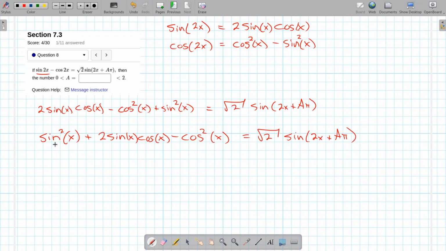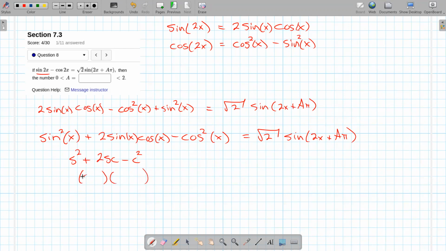Pythagorean identity wouldn't help here because that's a minus. If I think about this like a quadratic, this is something like s squared plus 2sc minus c squared. And I don't think that factors, and even if it did, how would that help? See if that factored, what would it look like?